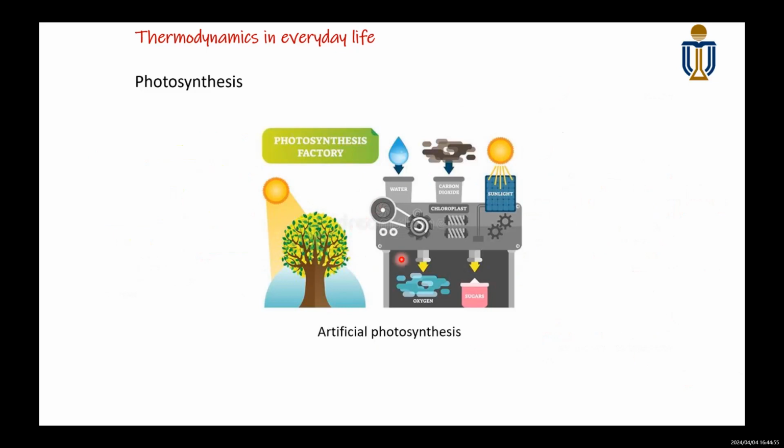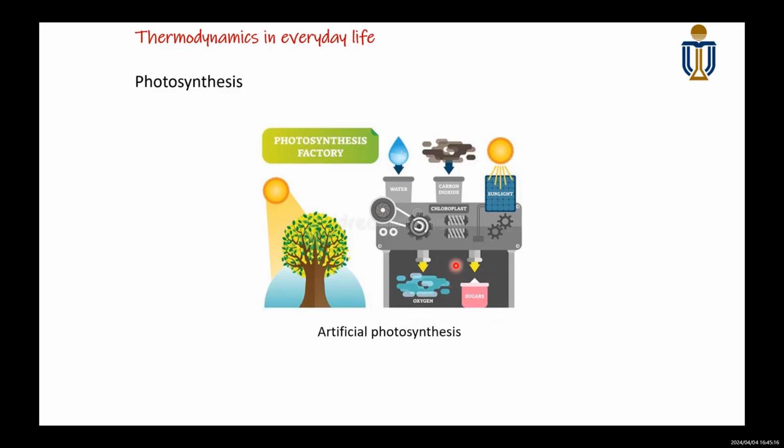Nowadays, scientists are working on artificial photosynthesis. Artificial photosynthesis typically involves the use of a device called a photochemical cell, which consists of semiconductor materials that absorb sunlight and generate an electric current.